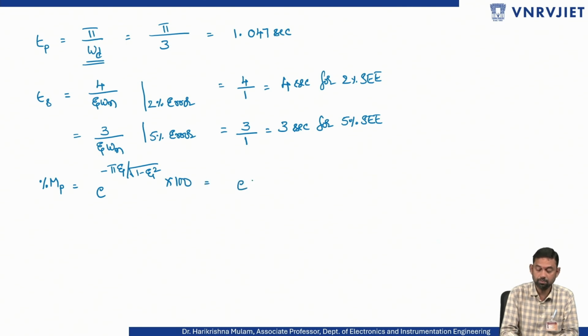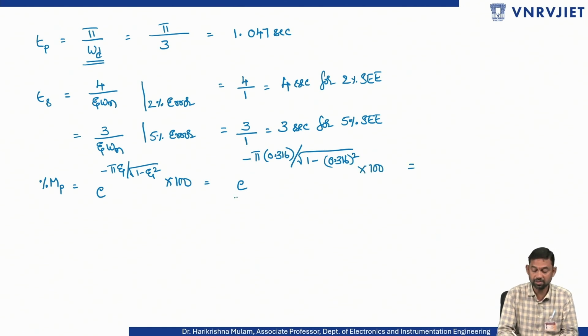That is equal to e power minus pi, zeta value is equal to 0.316 divided by square root of 1 minus 0.316 whole square into 100. If you find this expression's value, it comes around 35.12%.